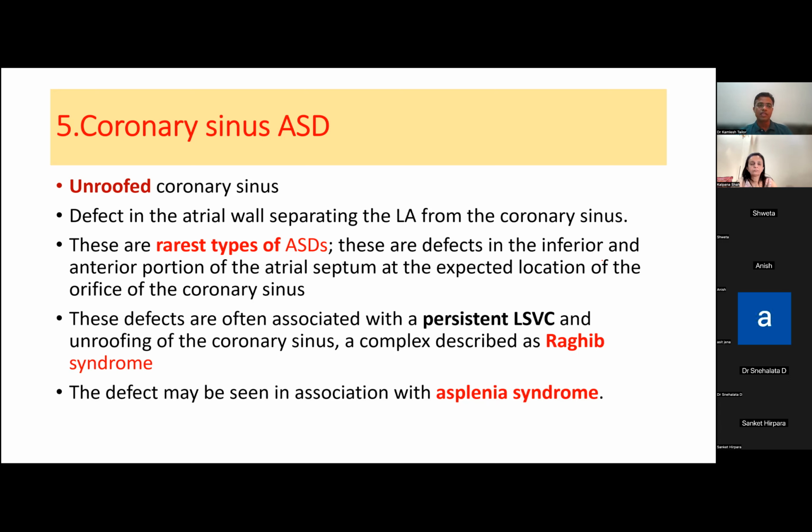But if it is unroofed, and then it drains into the LA, it causes desaturation, and sometimes needs to be closed if it is associated with persistent LSVC, because of the large amount of blood coming from the LSVC to the coronary sinus and draining to the left side. This complex, if it is associated with LSVC, is called Raghib syndrome.